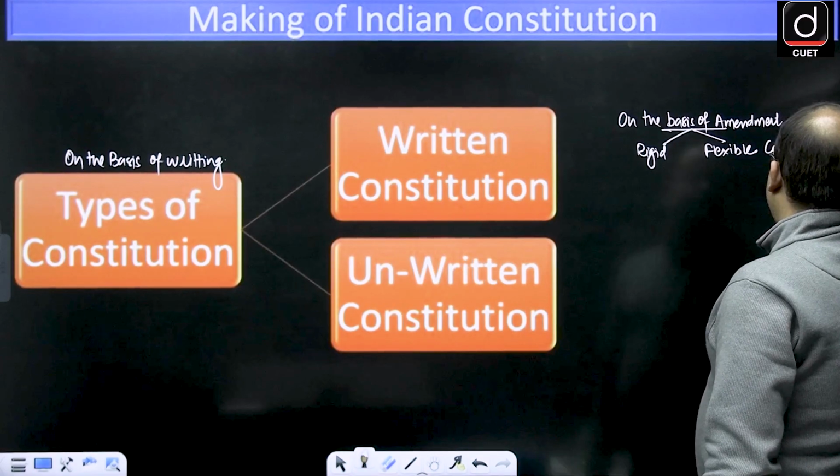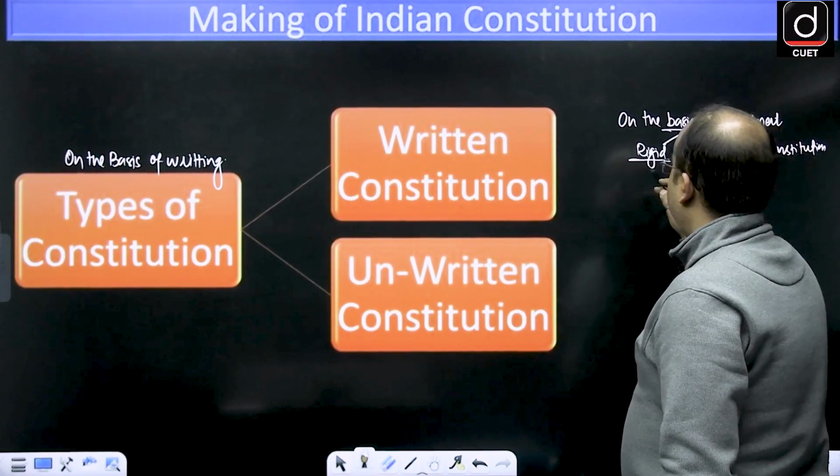Now a rigid constitution is that constitution where the provisions are tough to amend.